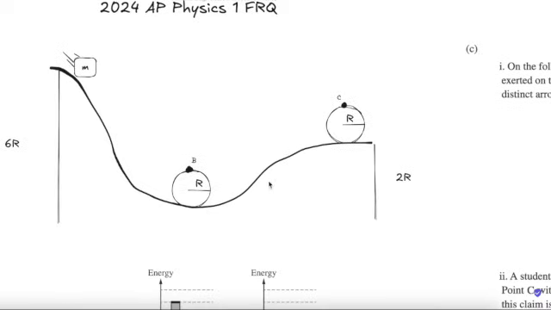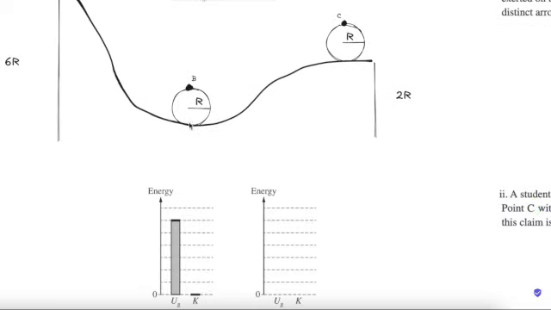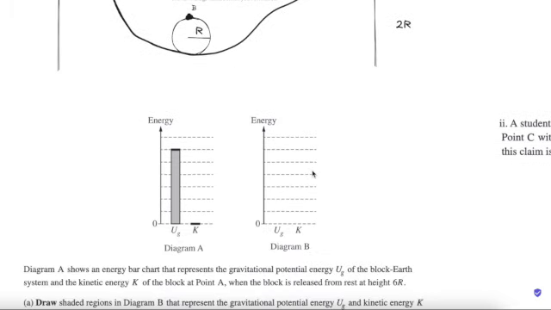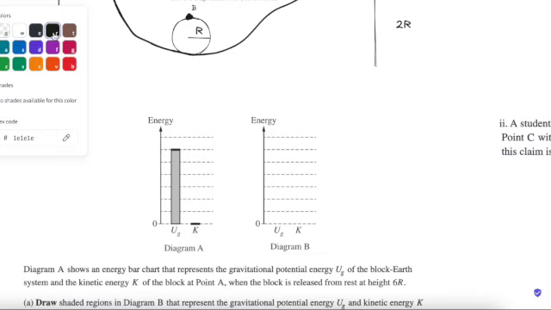At point B, the block's going to be 2r above the horizontal, because r is the radius, and once you find the diameter, you're going to see how high above it is. So it's 2r at that point. The gravitational potential energy at that point would be 2r mg, because it's mgh, and h in this case is 2r.